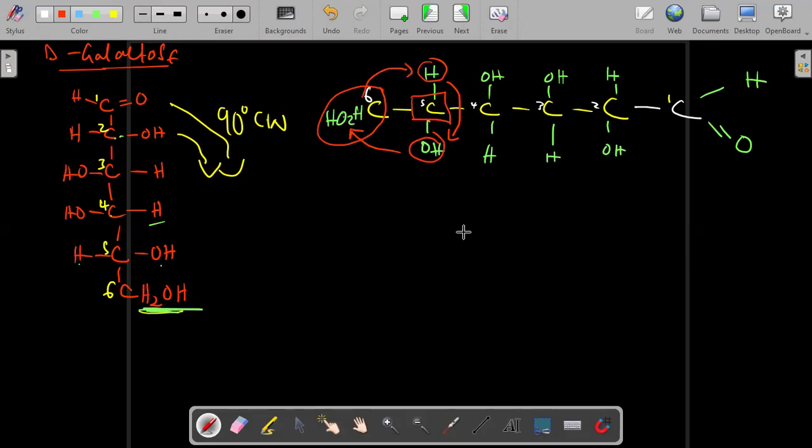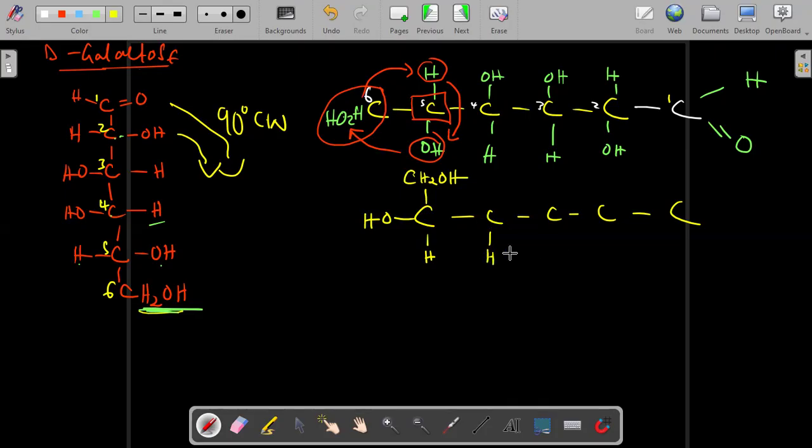Okay, so what are we going to form there when that bond rotation occurs? We are going to form something like this. So I'm going to have C, and then C, C, C, and then C. Okay, so this is my carbon 5 here. What has happened is that this H has come now below. This OH has gone on the left side, and this whole CH2OH has gone up, and then the rest is just the same.